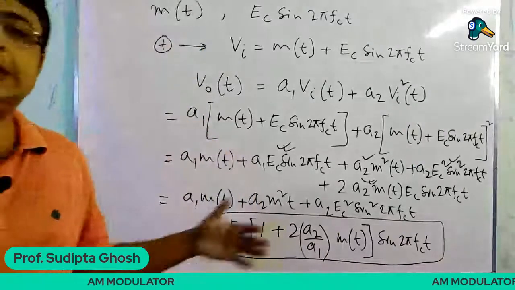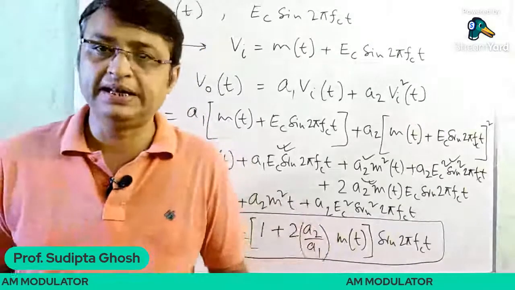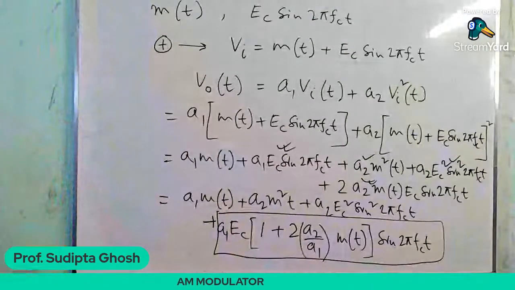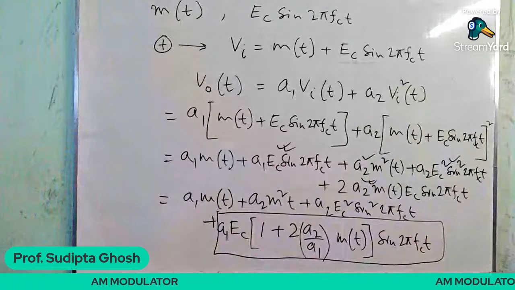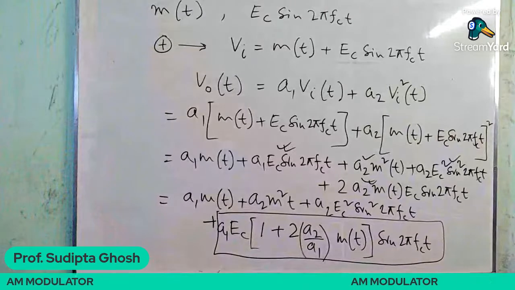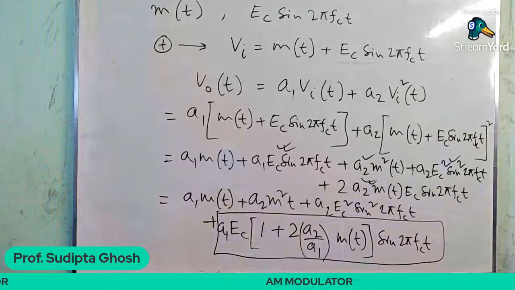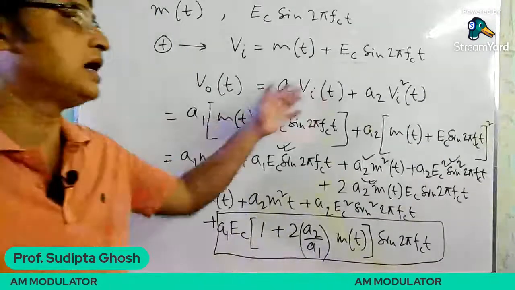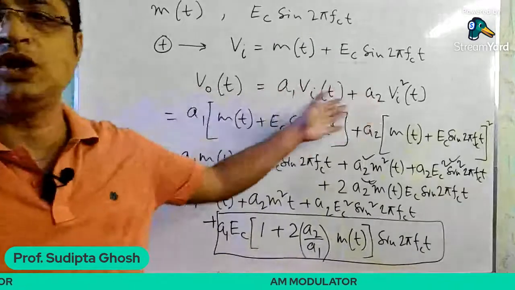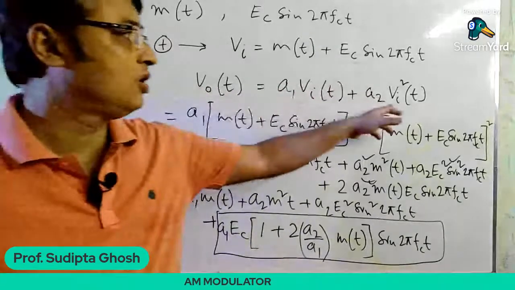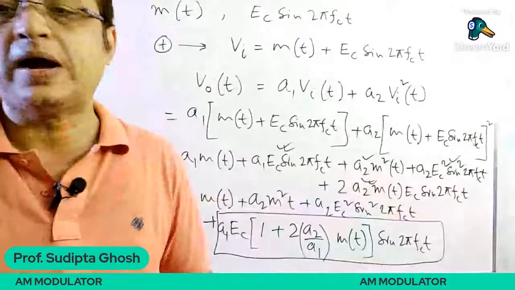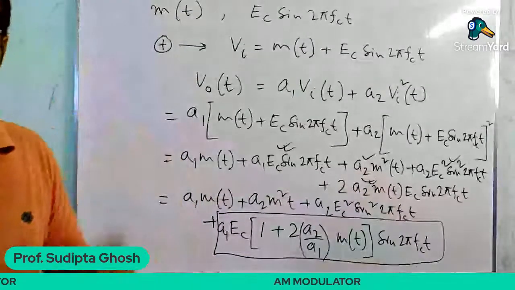Here I have used a PN junction diode as a non-linear device, and you can see that the relation between the input and the output follows the square law. So this type of circuit is known as the square law modulator circuit.